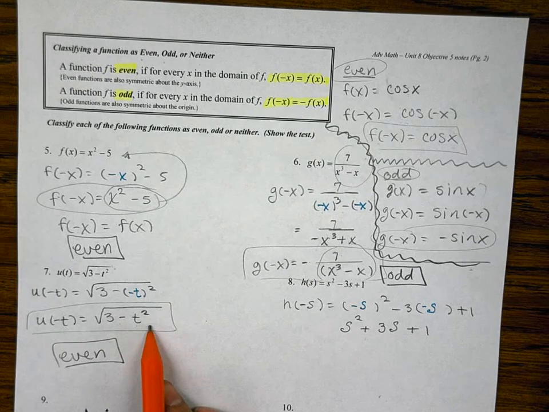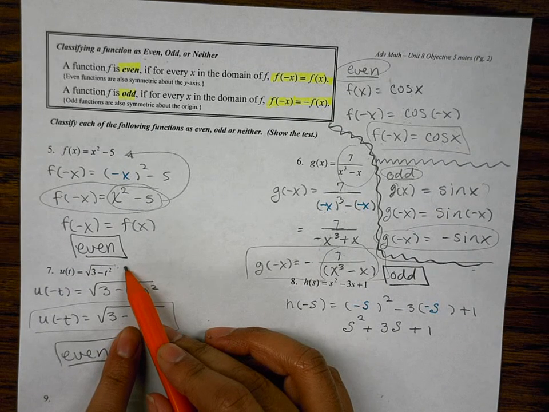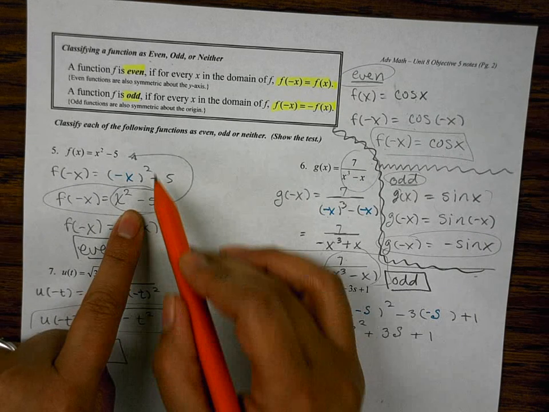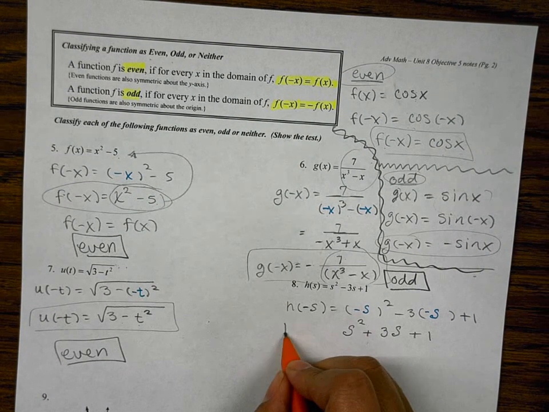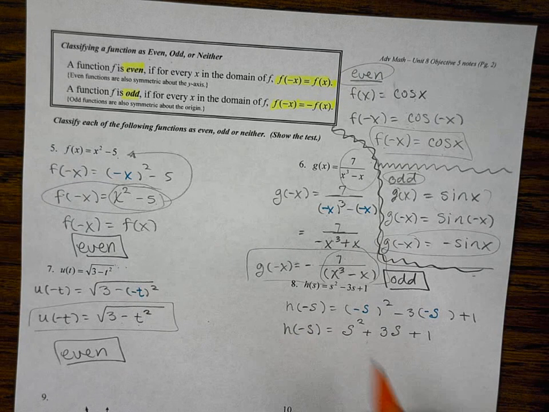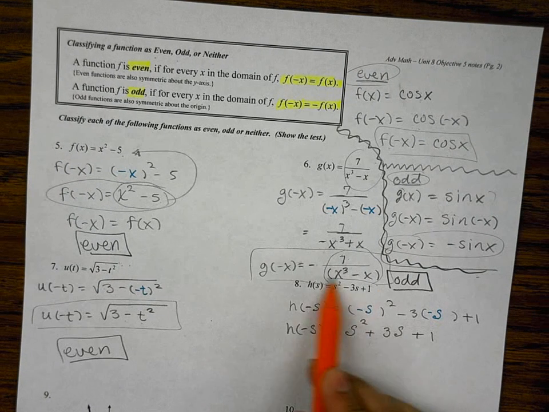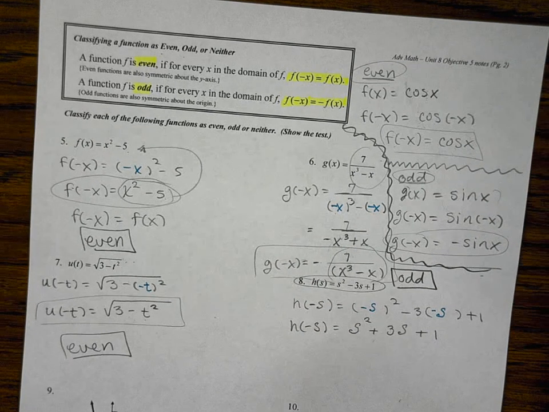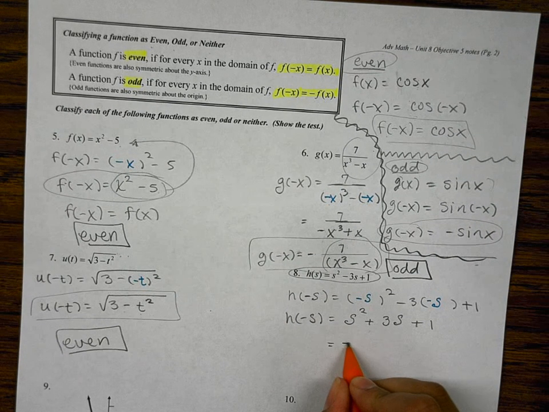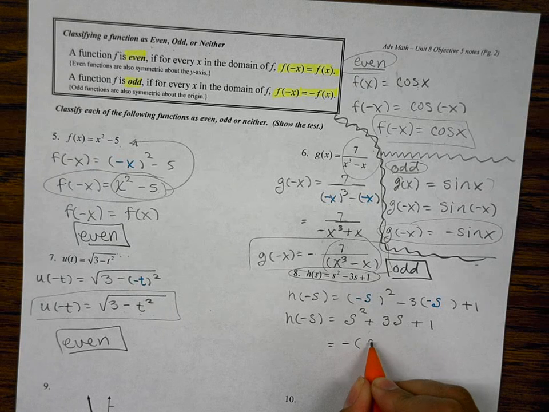Now, if it's not easy to tell, for example, this one was easy to tell that it was the same as the original. This one was easy to tell that it was the same as the original. When it's not easy to tell, then factor out the negative to see if it's the opposite. Okay, here's the original, and here's what I have. I can tell it's not the same, so I'm going to factor out a negative and see what happens.